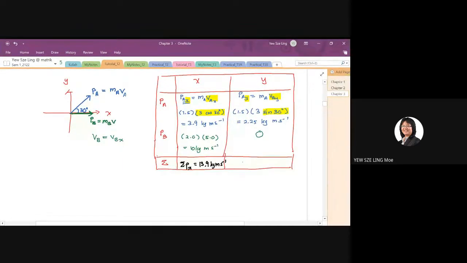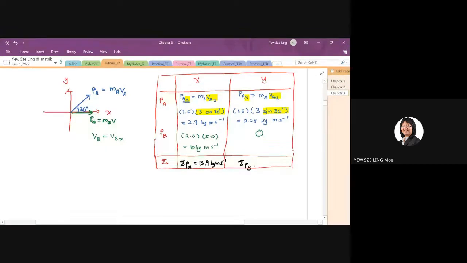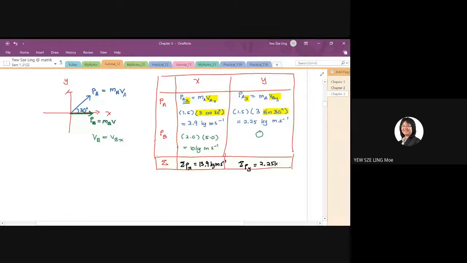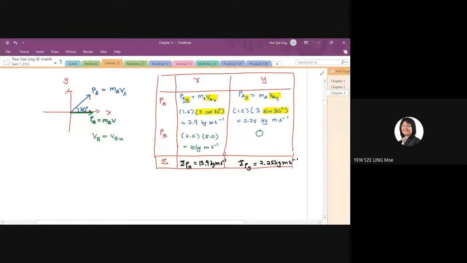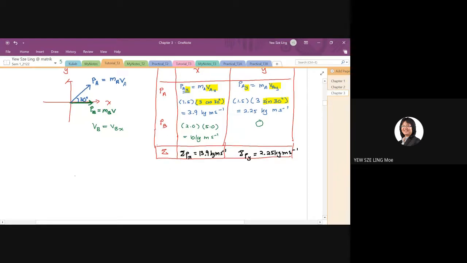And then total PY is just equal to 2.25 kg m s^-1. Both of them are positive values. Now that you have the totals, you can then calculate P resultant.